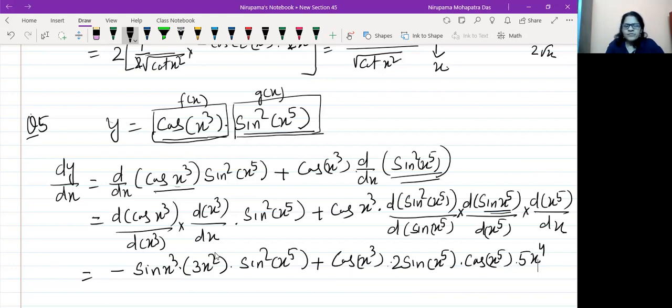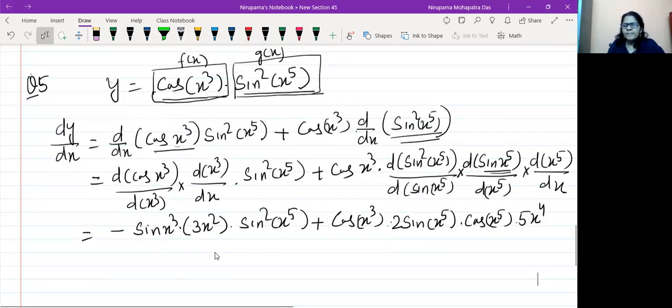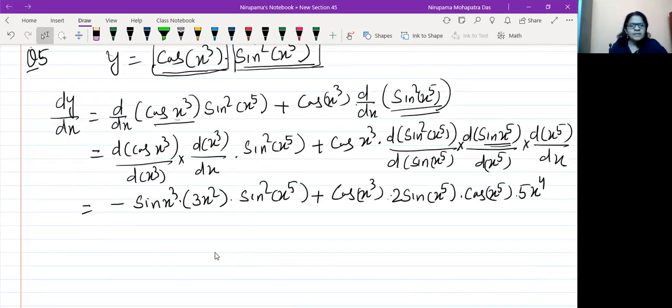I'm sure you are able to understand this. So this is equal to, we can do a bit of simplification: x to the power 4, here x square, 5 into 2.